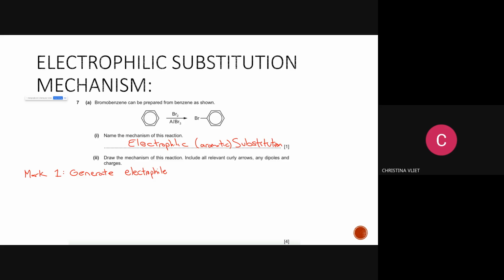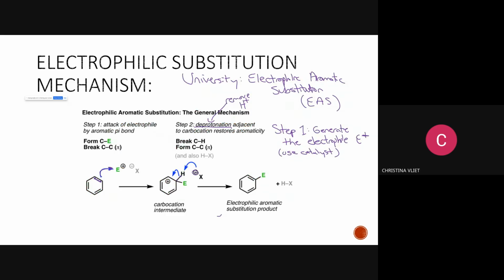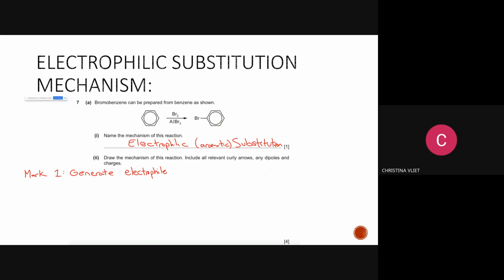So how do we do that? How do we generate the electrophile? Well, first of all, what is the electrophile going to be? If we look at here, what is going to be going onto the ring? A positively charged what? Bromine.